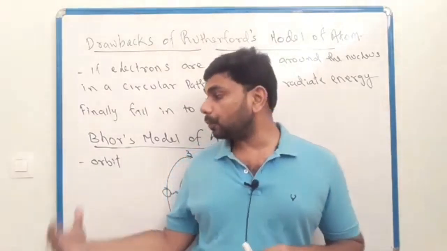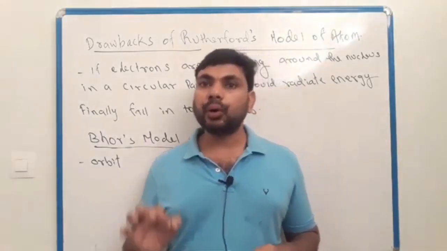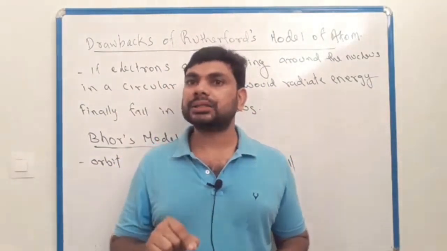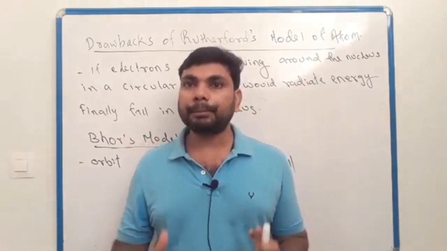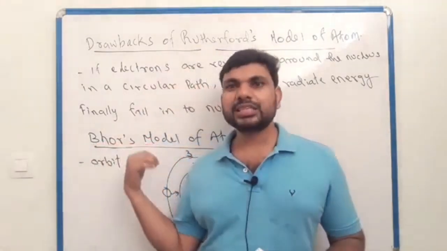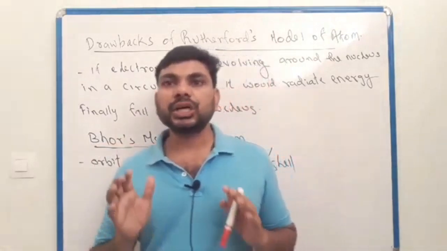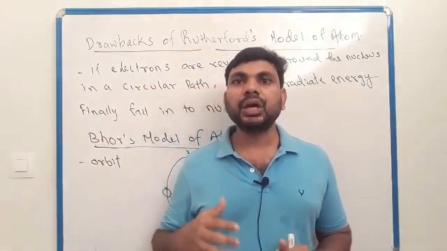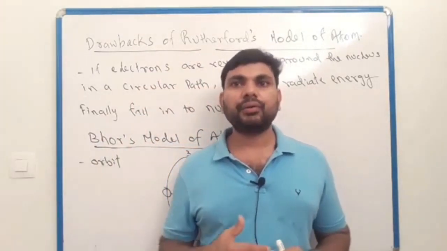After that, the Bohr model of atom. According to the Bohr model, around the nucleus there are circular paths, orbits, or energy levels. This term was introduced by Niels Bohr. Around the positively charged nucleus there are circular paths called orbits where electrons are revolving.